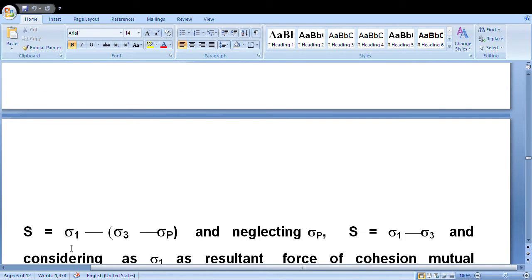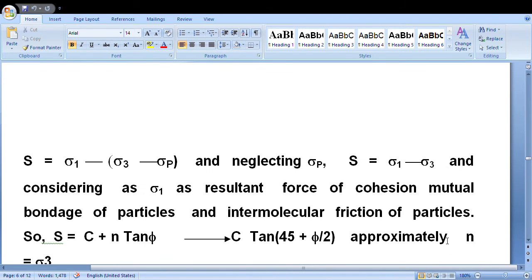S equal to sigma 1, that is, sigma 1 equal to sigma 3 minus sigma P. Sigma P is the pore pressure. If we neglect the pore pressure, sigma 1 minus sigma 3 is the shear strength.